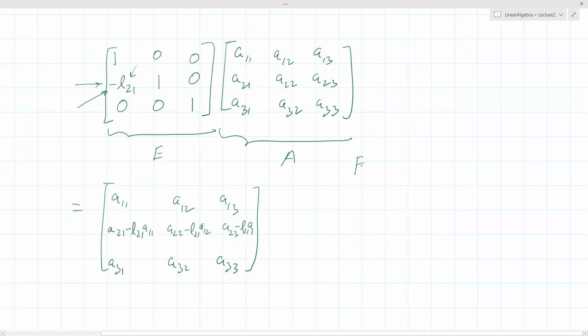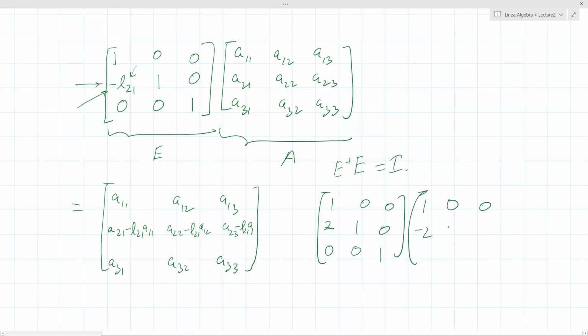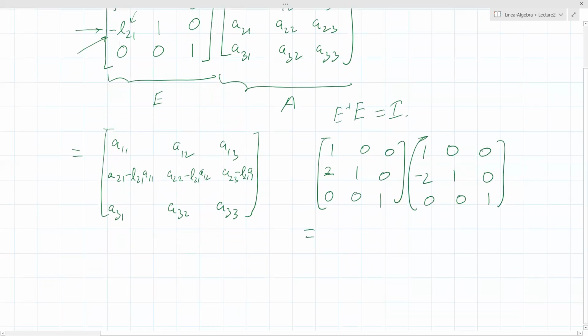So E inverse into E is equal to identity. Please prove that. So this is [1, 0, 0; 0, 1, 0; 0, 0, 1]... 1, 1, 1, 0, 0, 0, 2, 0, 0 into 1, 0, 0, minus 2, 1, 0, 0, 0, 1. What do you see?